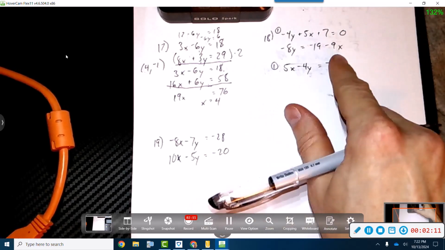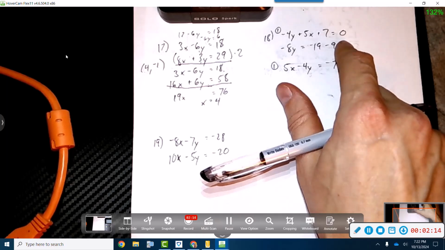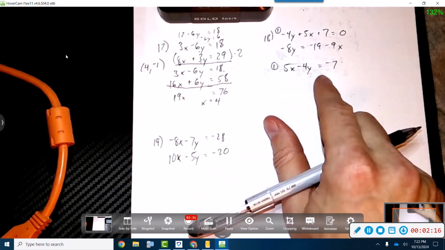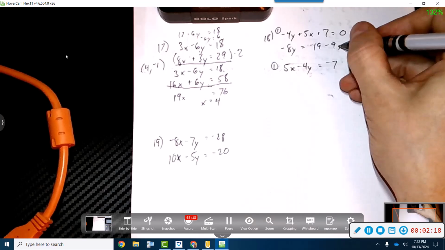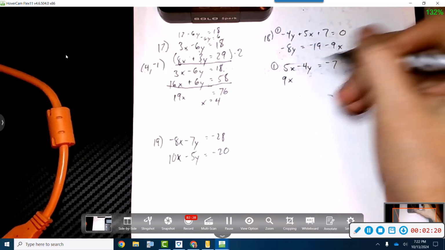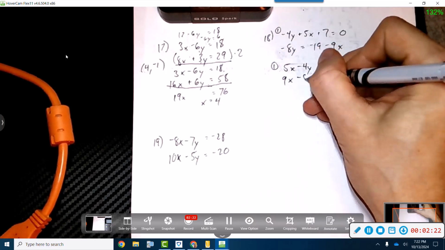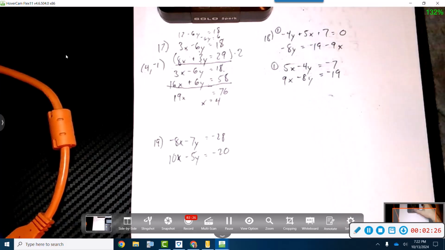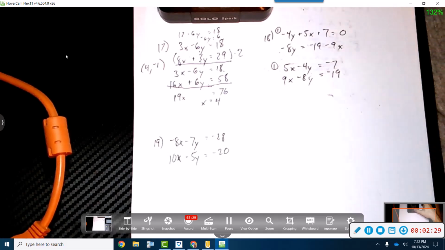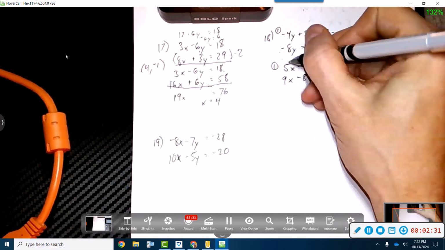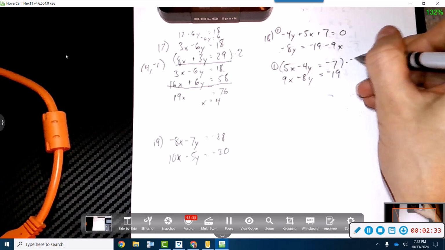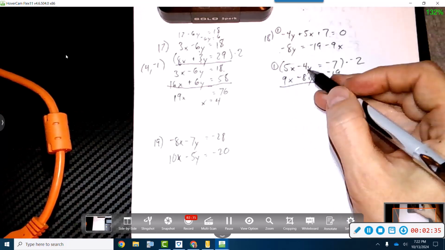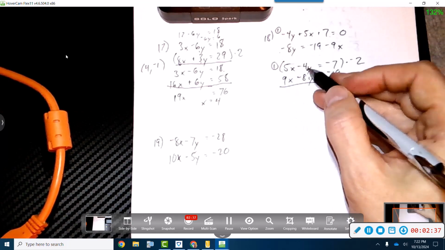So in one move, I can get, well, I'm actually doing 2 moves here. I can get this set up. So this guy will move over here and he'll become a positive 9x. The negative 8y is still on the left hand side and the negative 19 is still on the right hand side. So that's good. So now if I multiply the top line by negative 2, I can make that a positive 8.